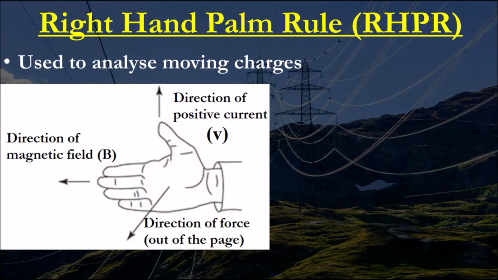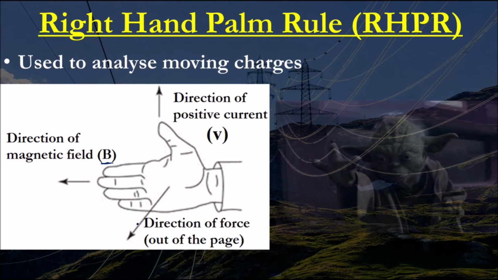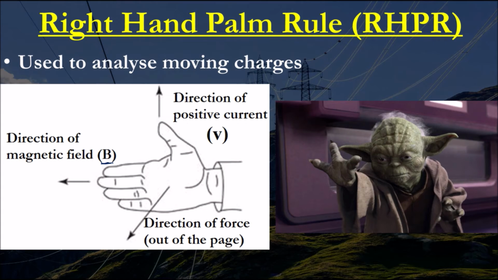Okay, just a nice little diagram for you to take into picture. So just remember your right thumb, direction of the positive current or positive charge. Your direction of the magnetic field is given by your fingers. Magnetic field is represented by a quantity known as capital B. And then the direction of the force is out of the page. I like to always think of it as Star Wars Yoda, but you might have a different way of remembering it.